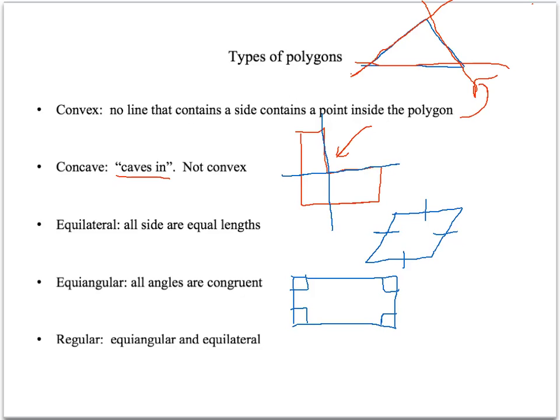A regular polygon is both equilateral and equiangular, meaning it could be an equilateral triangle, so all the sides are equal and all the angles are equal. It could be a square because all the angles are 90 degrees and all the sides are also equal. So there are two examples of regular polygons.